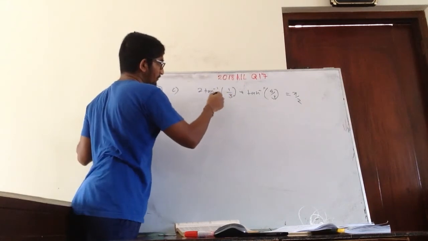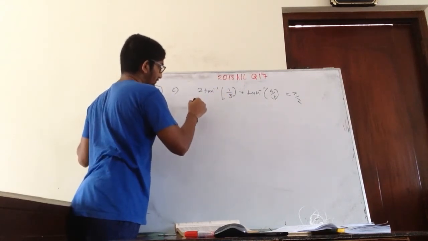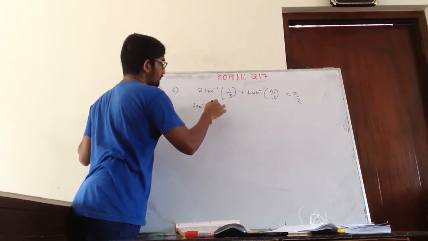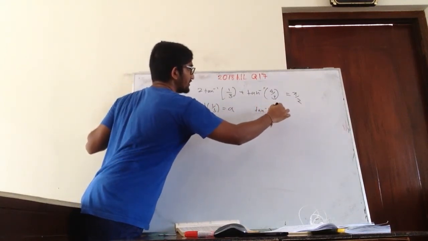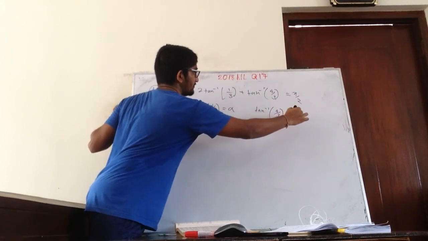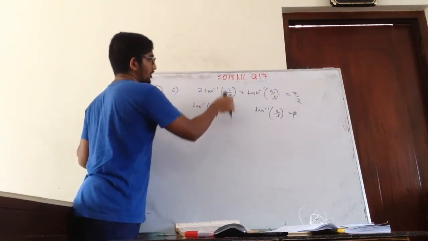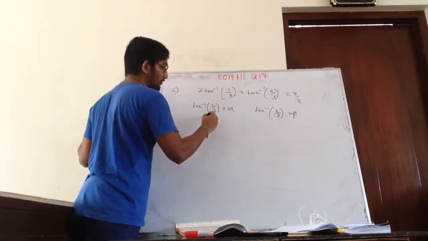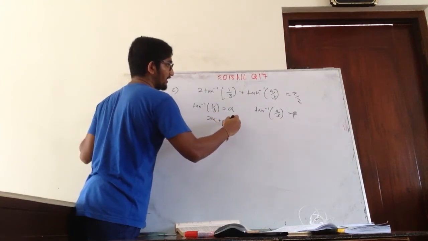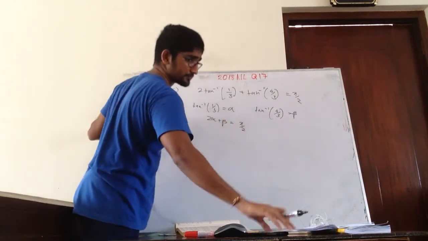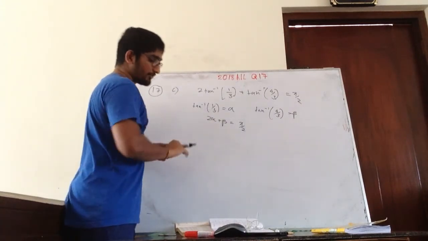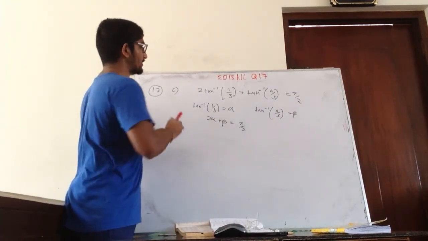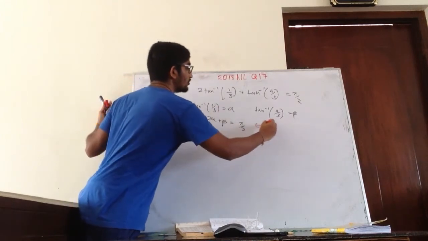So I'm going to name tan inverse 1 over 3 as alpha and tan inverse 4 over 3 as beta. So now what this says is that 2 alpha plus beta will be 5 pi over 2. Clear? So this is what we need to prove.